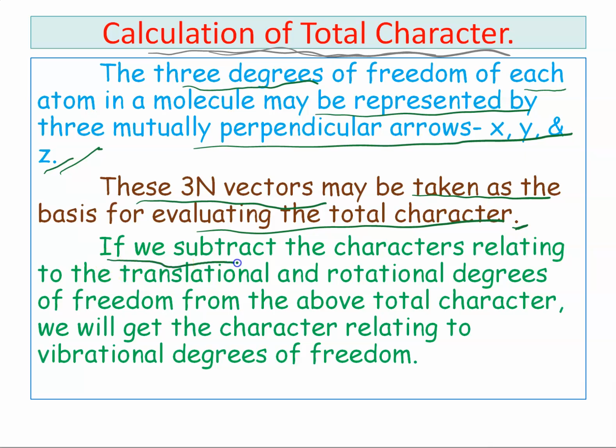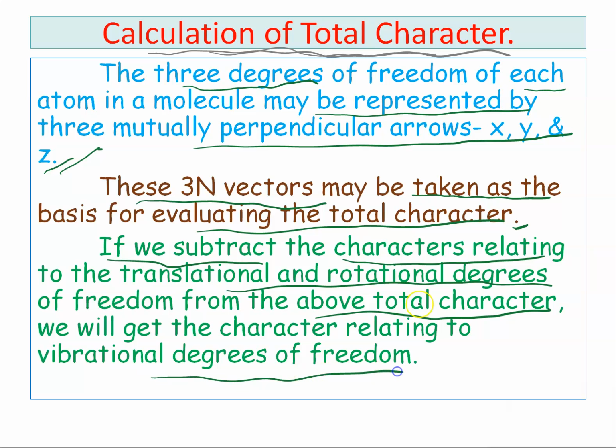If we subtract the characters relating to the translational and rotational degrees of freedom from the above total character, we will get the character relating to the vibrational degrees of freedom. That is, first we construct the total character, which includes all the 3n degrees of freedom, and from that we subtract the translational and rotational degrees of freedom.